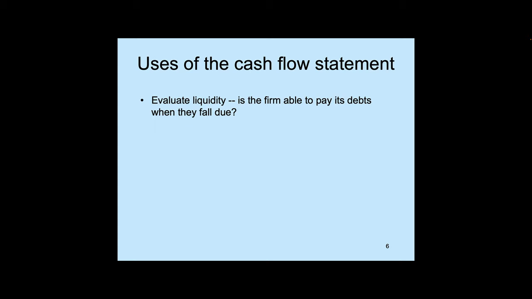Other companies burn cash, especially like a high-tech company or a pharmaceutical company that hasn't gotten through the FDA clearance process. Those companies need to have a lot of cash because they're just burning it in order to create the product that they're trying to come up with.